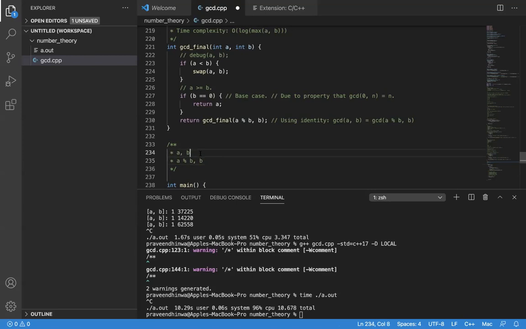Suppose here A is greater than or equal to B.